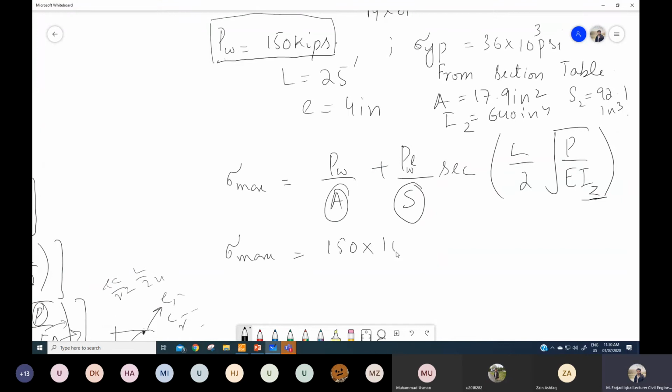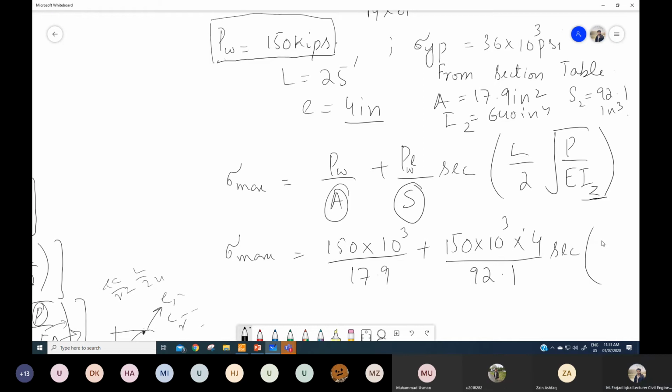So this P_w will be 150 into 10 raised to 3 pounds. The area is 17.9. Plus again this P_w is 150 into 10 raised to power 3. The eccentricity is given as 4 inch. This S factor is given as 92.1.